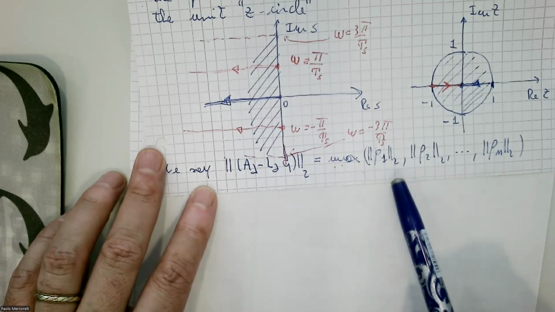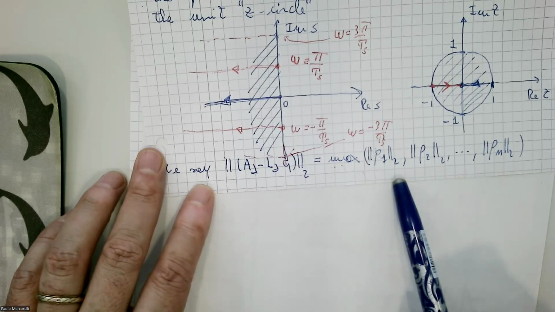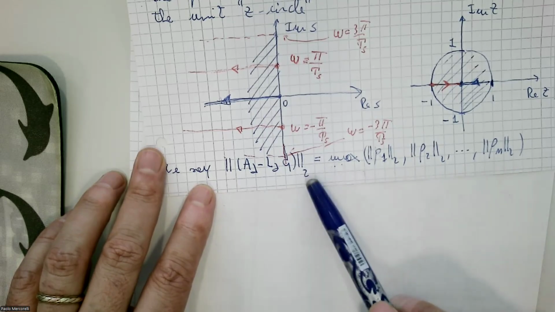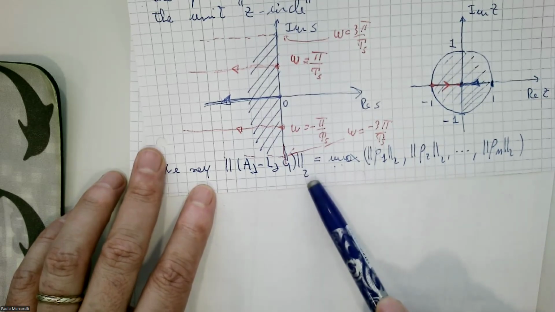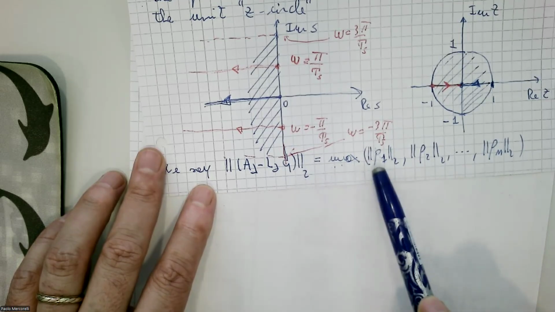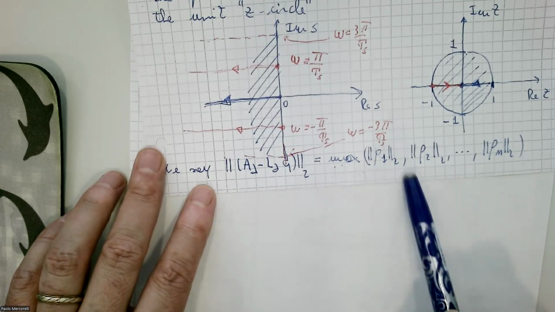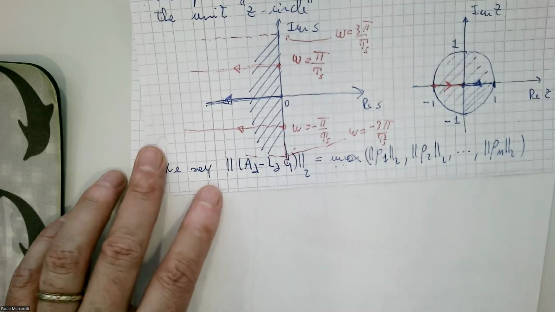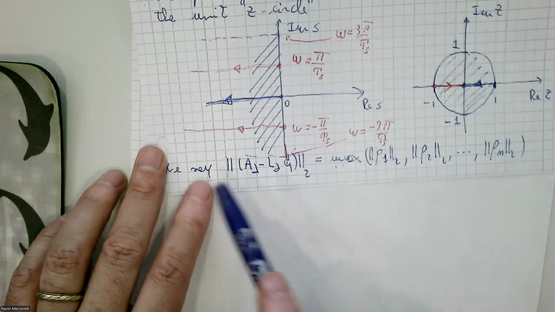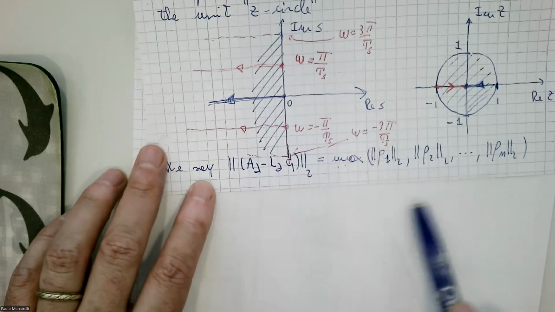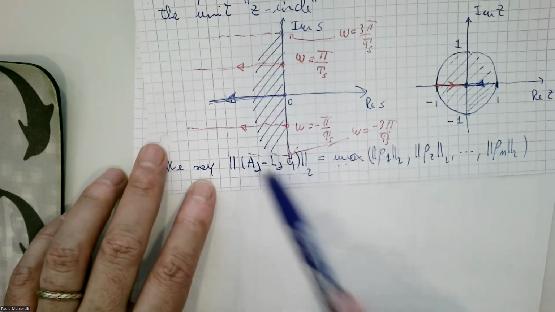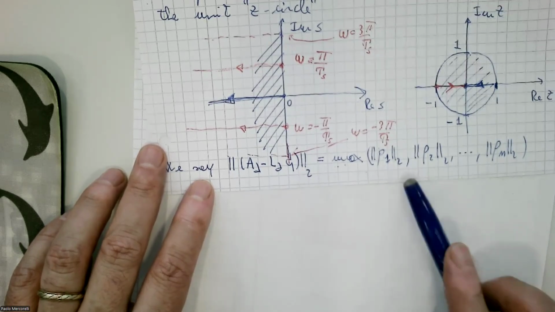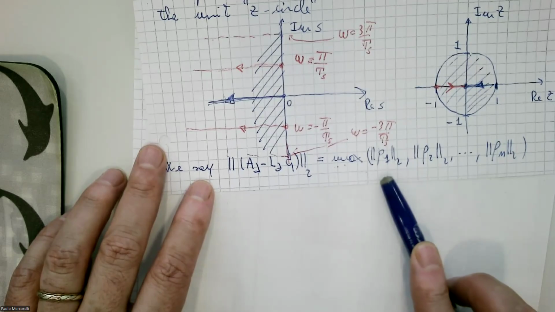Norm 2 means square root of real part squared plus imaginary part squared. This is clear, no? And if I consider the maximal of this, it is the maximal norm of the matrix. The maximal eigenvalue, better to say the maximal norm 2 of the eigenvalue. This is really too colloquially expressed. The norm 2 of the matrix is the maximal norm 2 of its eigenvalues.